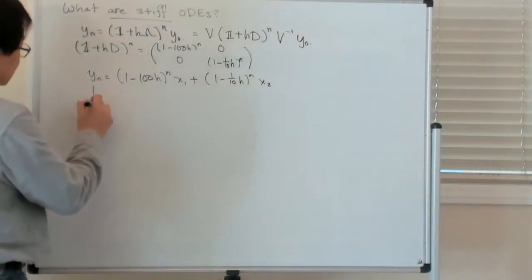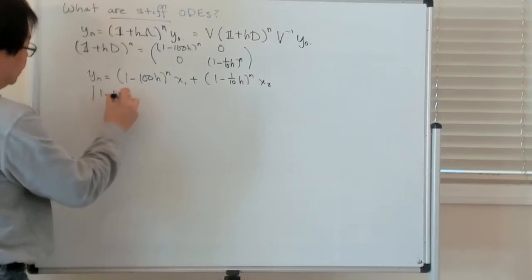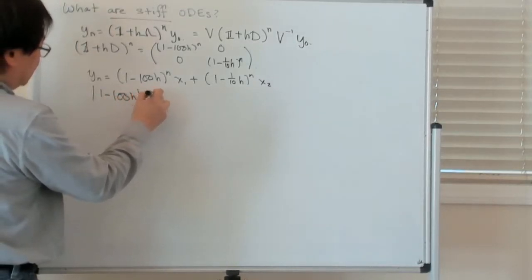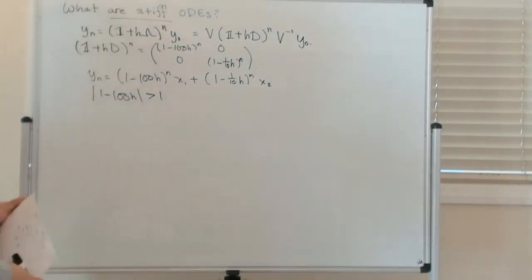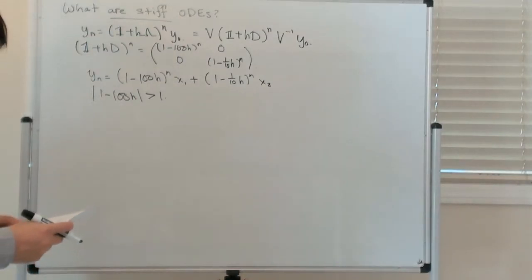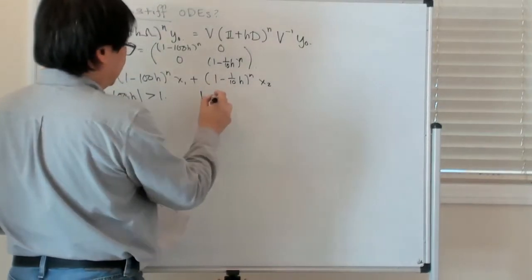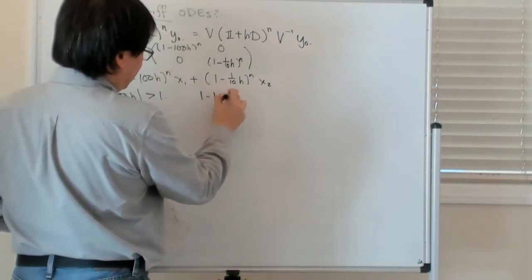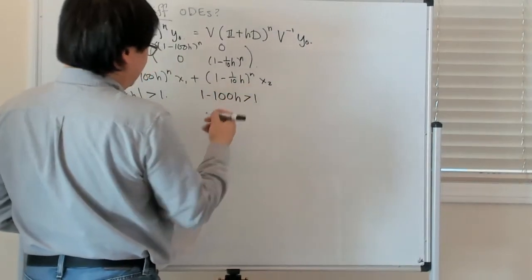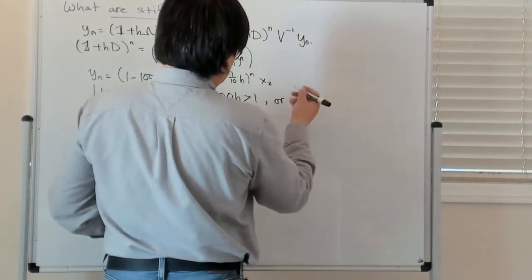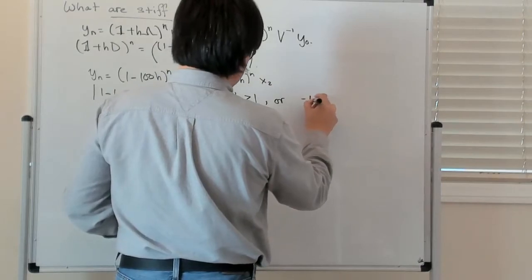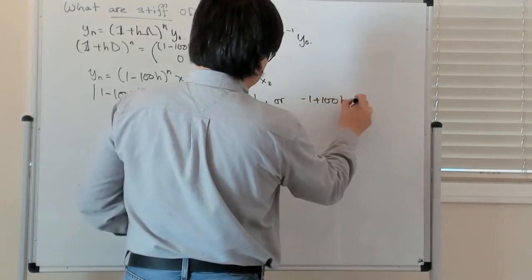Okay, so let's look at the condition that the absolute value of 1 minus 100h is greater than 1. This is the situation where you have blow up. This can arise in two possibilities. One where 1 minus 100h is greater than 1, or the negative of that, which is minus 1 plus 100h is greater than 1.